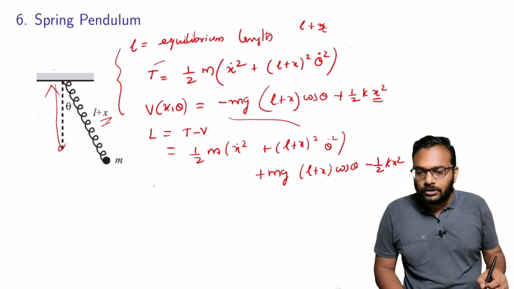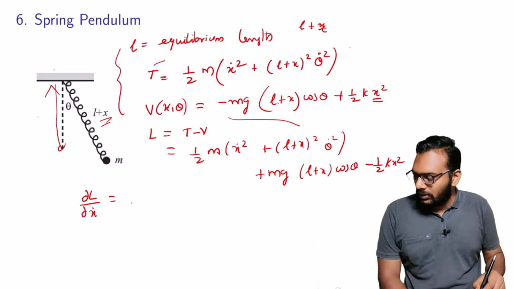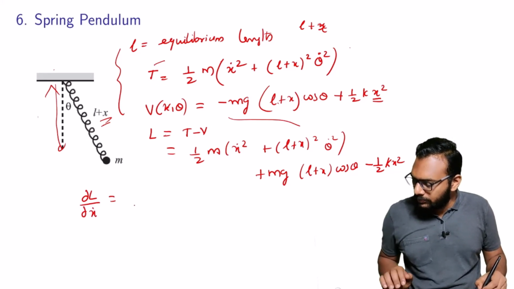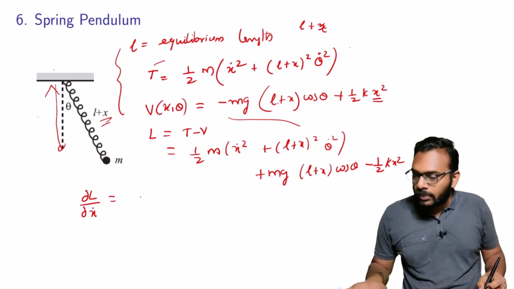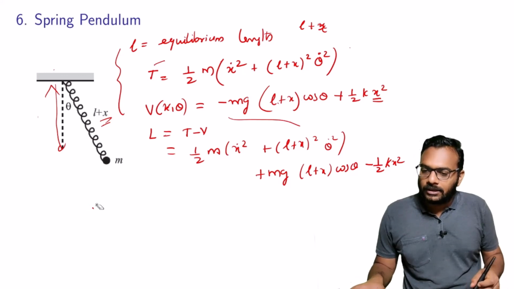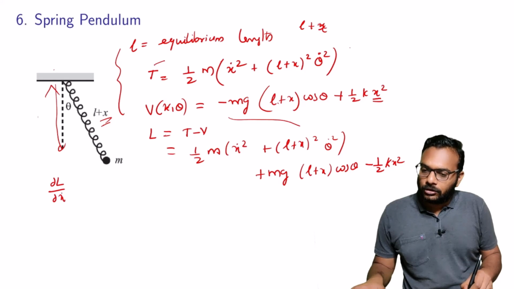Find dou L by dou x dot. I'll just write down the final equation. You can find dou L by dou x dot, you can find dou L by dou x, and you can write down the equation.